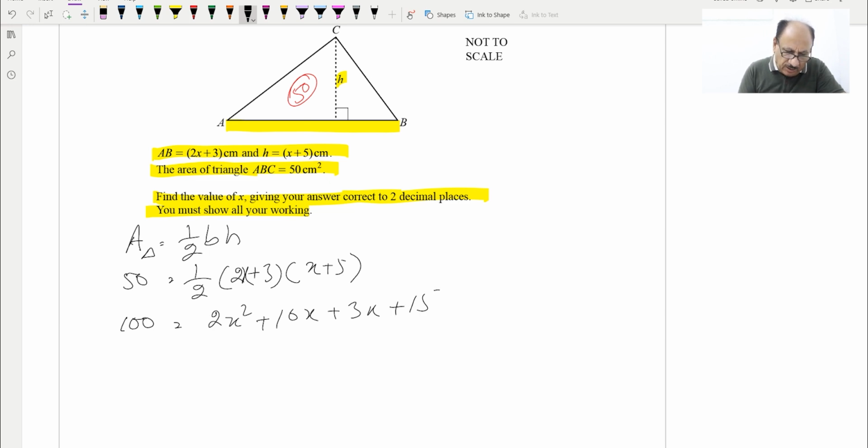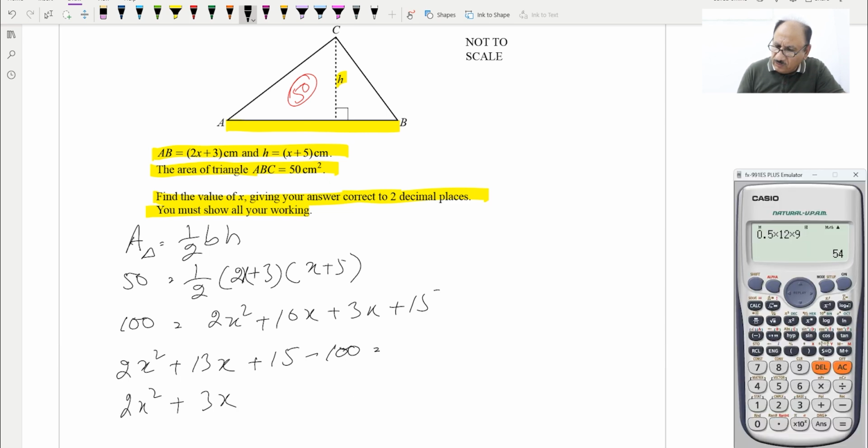Now we can add the like terms and we can form the quadratic equation. 2x square plus this will be 13x, and next will be plus 15 and minus 100. So 15 minus 100, and this will be what? This will be 2x square plus 13x, and 100 minus 15 will be 85. 100 minus 15 is equal to 85.